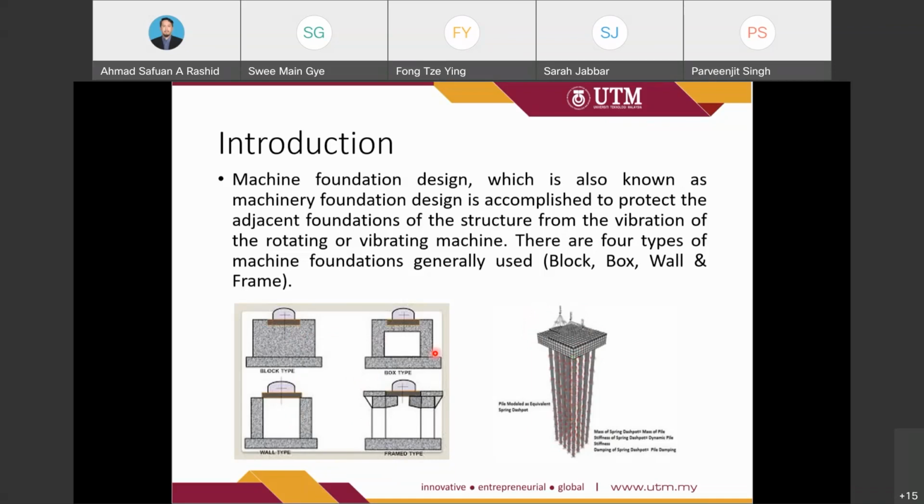It depends on the capacity of the foundation itself. If the shallow foundation is not sufficient to carry the vibration due to the machine foundation, then the need for the pile foundation is there.